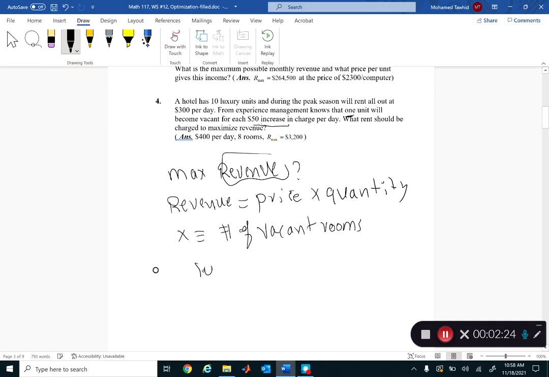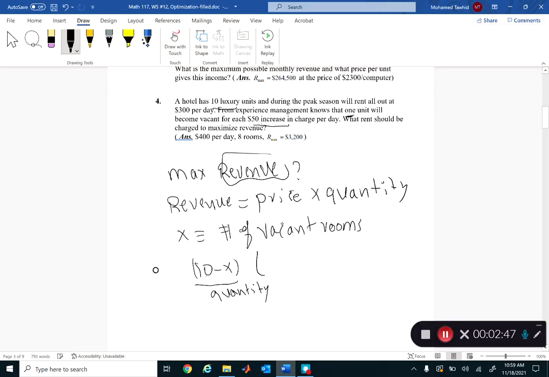You have 10 minus x. The whole number of rooms is 10, but you may have some vacant rooms, so it will be minus x. That is the quantity I have, the total 10 minus whatever is vacant.